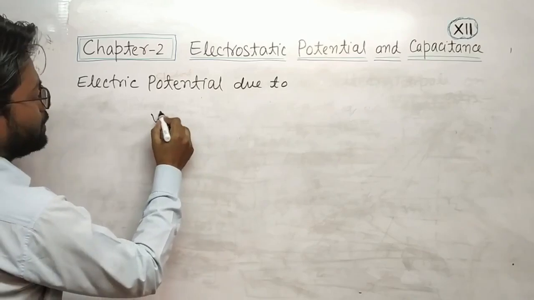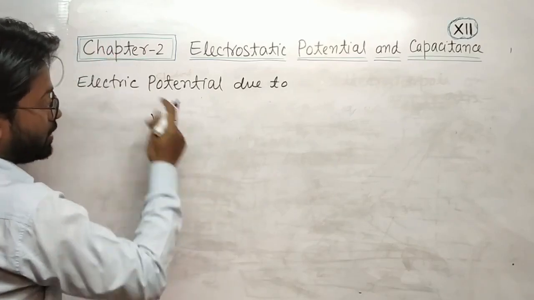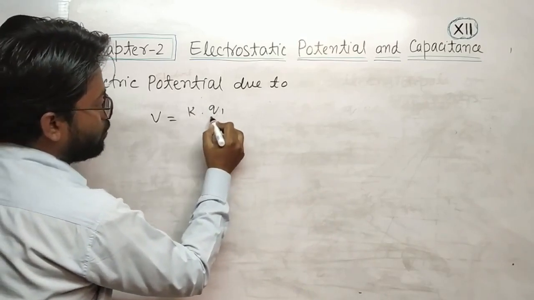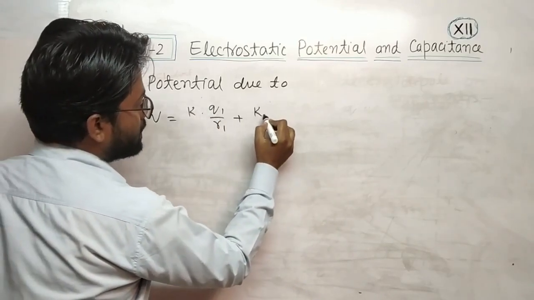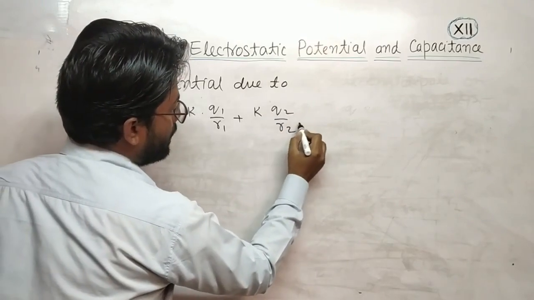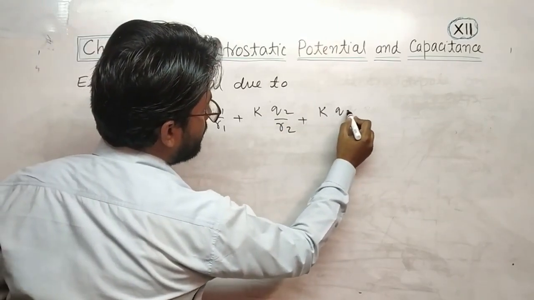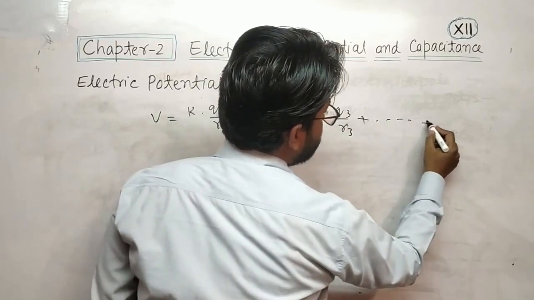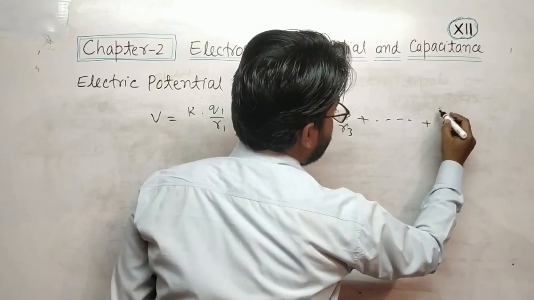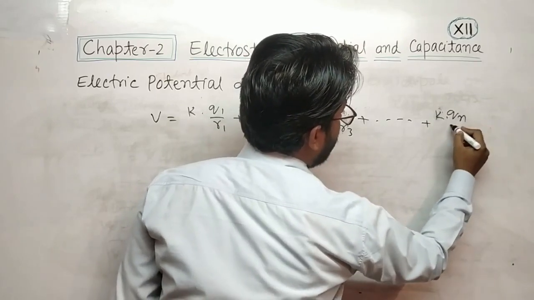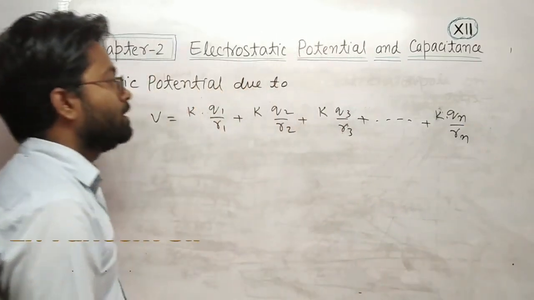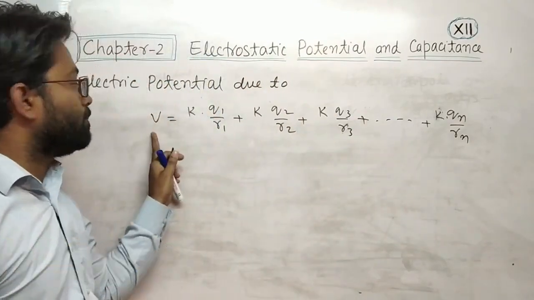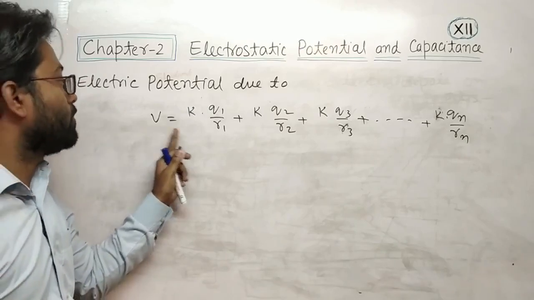If the potential at any point is due to many charges: Q1 upon R1 plus Q2 upon R2 plus Q3 upon R3 plus Qn upon Rn. This is the algebraic summation, because potential is a scalar quantity.